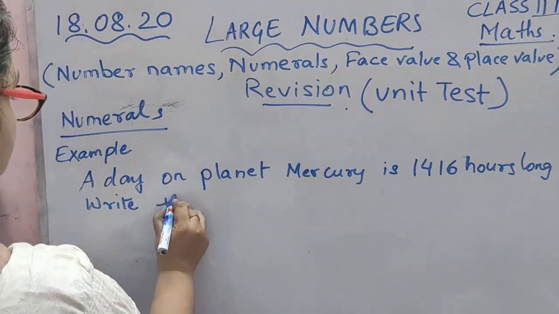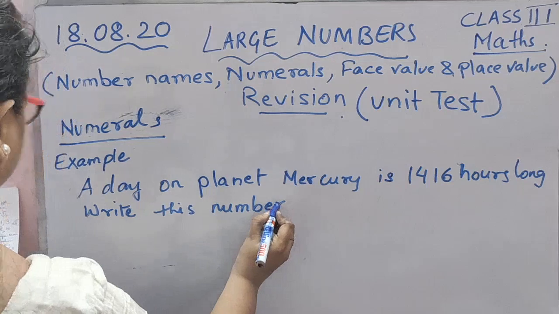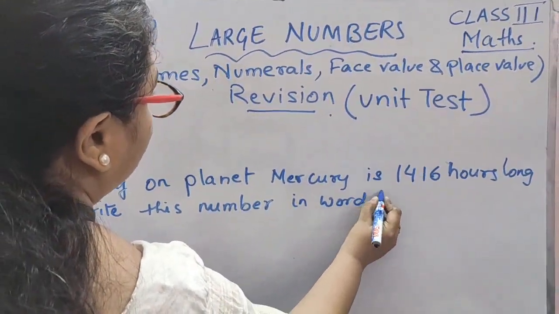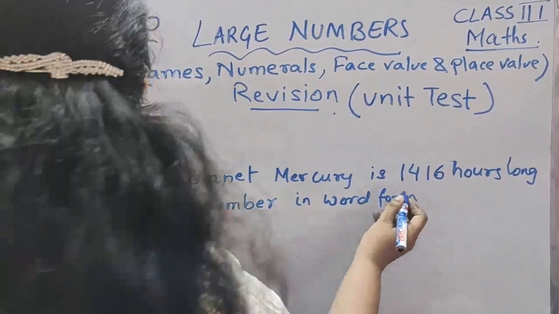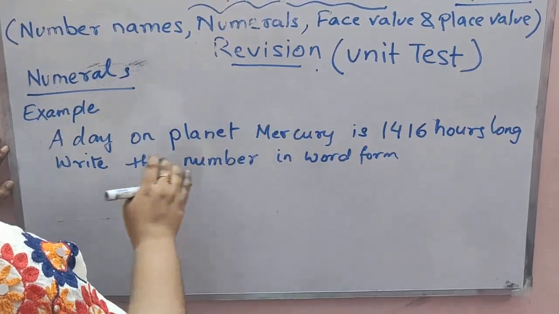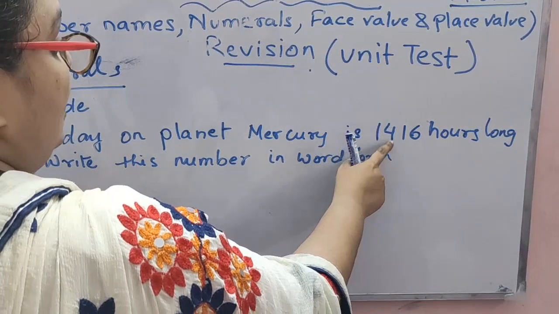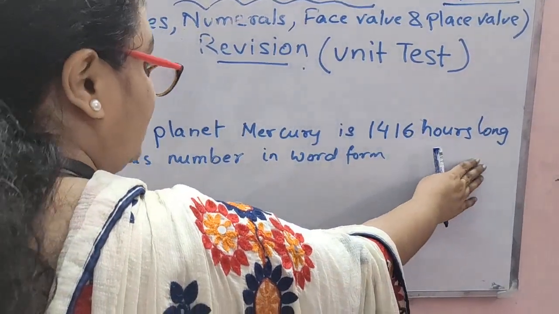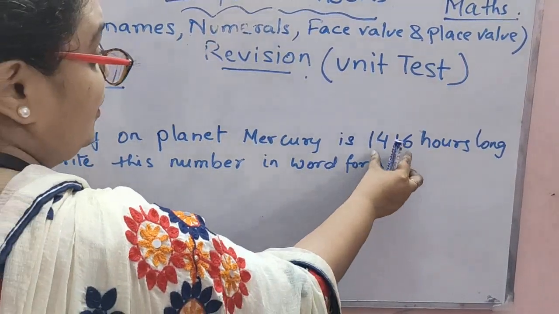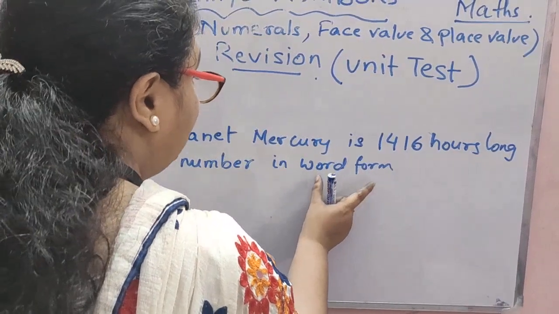Write this number in word form. Okay. So what you have to do, you have to read the question very carefully first. Okay. A day on planet Mercury is 1416 hours long. So write this number in the word form. So you have to write this number in the word form, or you have to write the number name.